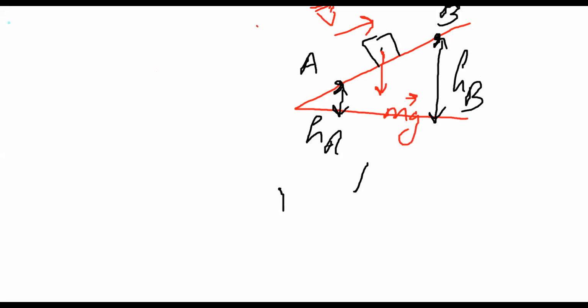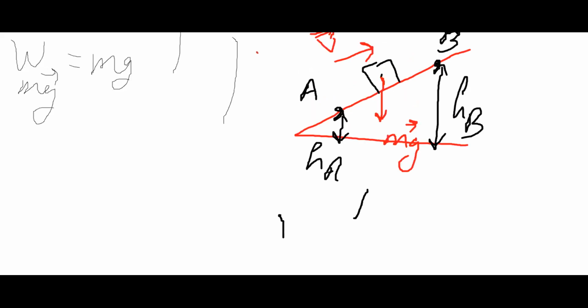Work done by mg, or we can use the other formula also, equals mg (HA minus HB).